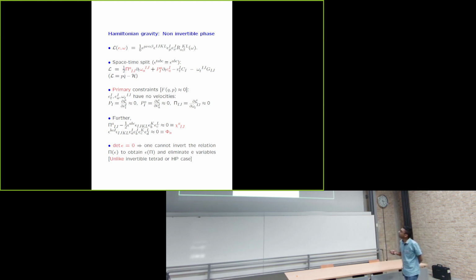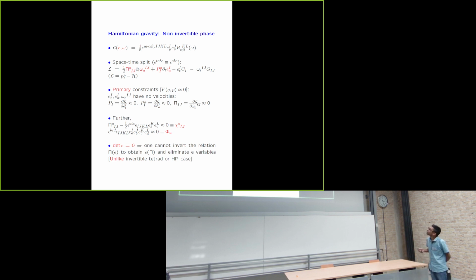So anyway, let us attempt the first question, that is, how to approach this problem of doing Hamiltonian gravity with non-invertible or zero determinant tetrad or metric. The natural way to proceed is through the first order formulation, which is well defined even if the tetrads are not invertible, because you don't need inverse tetrads anywhere, unlike the Einstein-Hilbert action.